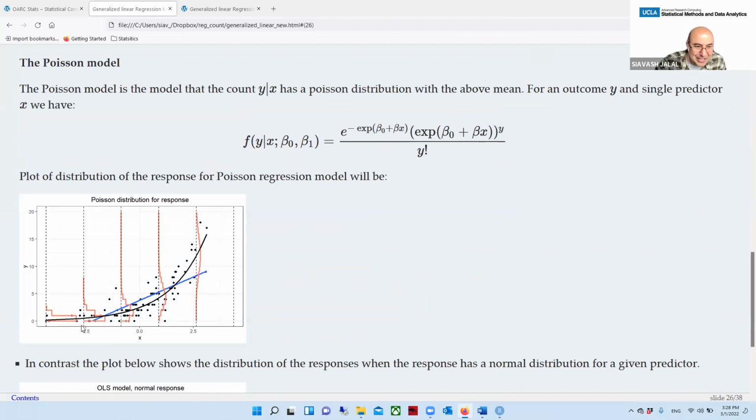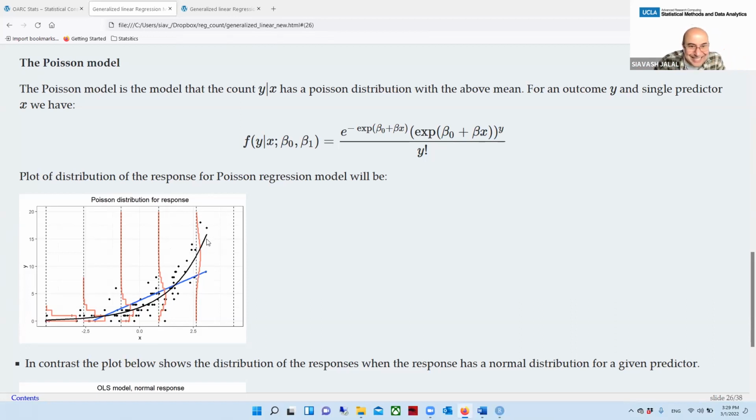The rest of the variation is because of the Poisson probability mass function, right? So you can see for any given value you have the mean, and this variation depends on the mean value itself. For this plot, I generated the data artificially and ran a Poisson model, and then tried to estimate that model. So this data is exactly Poisson, okay?